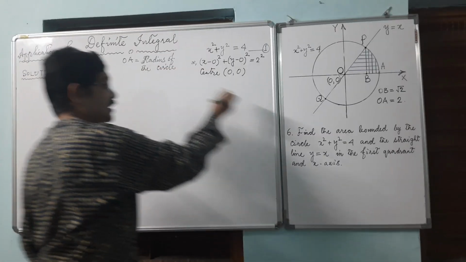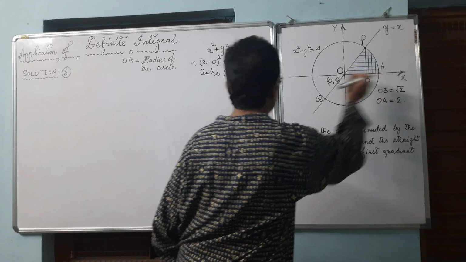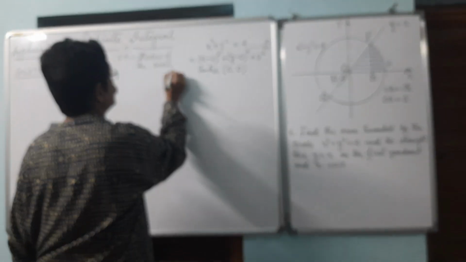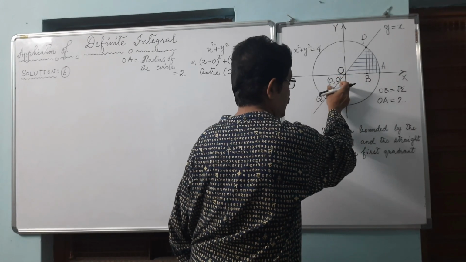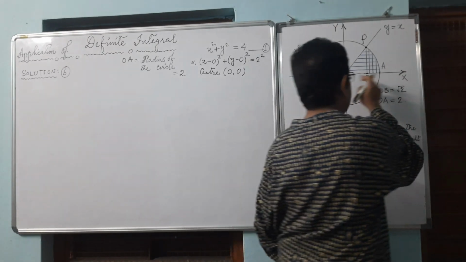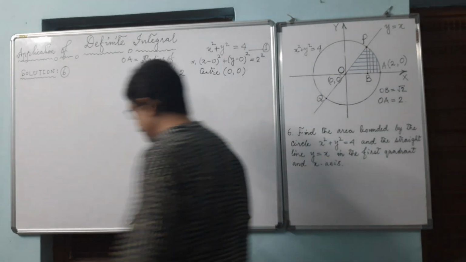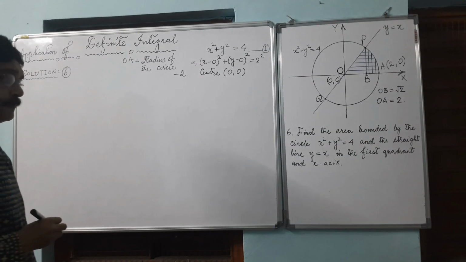So OA is the radius of the circle, which is simply 2, and the center O is 0, 0, and OA the radius is 2, so that the coordinates of the point A is obviously 2, 0, since A is a point on the x axis.